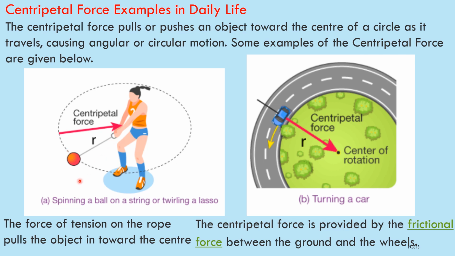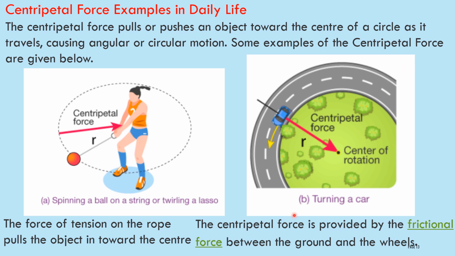Here consider an example. Spinning a ball on a string: the force of tension on the rope pulls the object in towards the center. The force of tension on the rope will pull the object towards the center or along the radius of the circle.